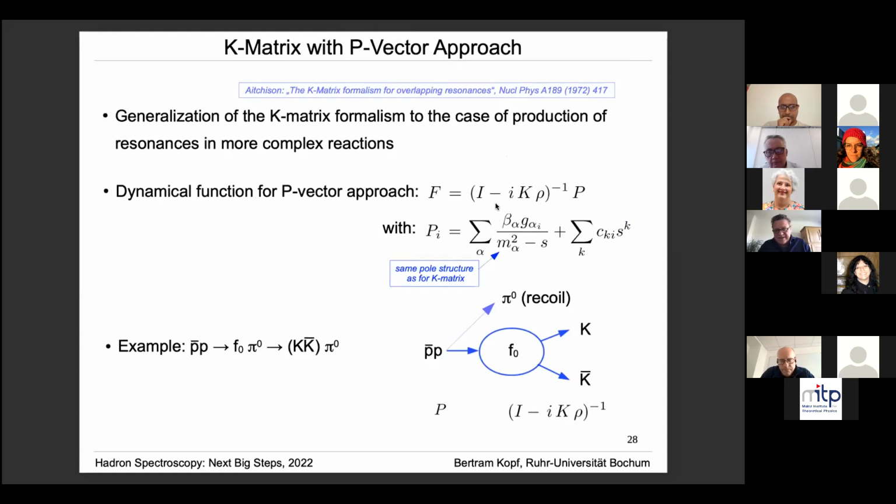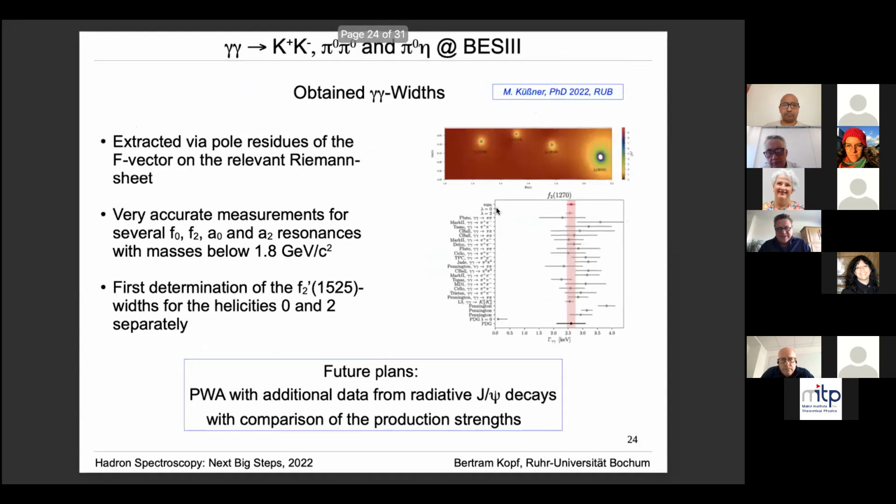And then you can extract the residues for both helicity scenarios individually. This is what we did here. We did a complete partial wave analysis, and therefore one can disentangle these two helicity components. And as we have heard, this also gives a very interesting and good insight into the objects.